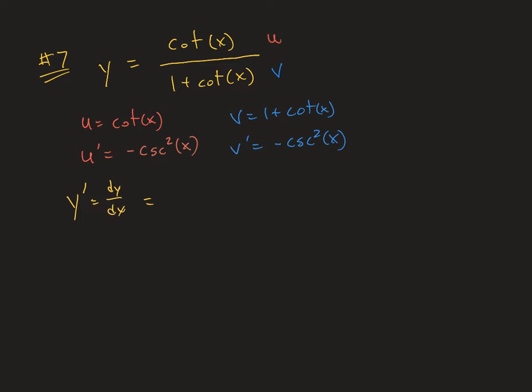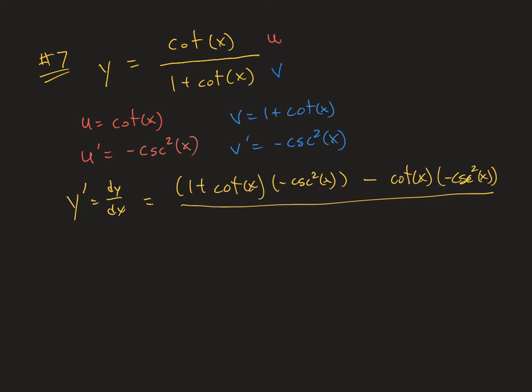The expression is going to be, remember that the quotient rule starts with v, so it's going to be v, which is 1 plus cotangent of x, times the derivative of u, so that's times negative cosecant squared of x, minus u, which is cotangent of x, times v prime, which is negative cosecant squared of x, over v squared, which would be 1 plus cotangent of x quantity squared.